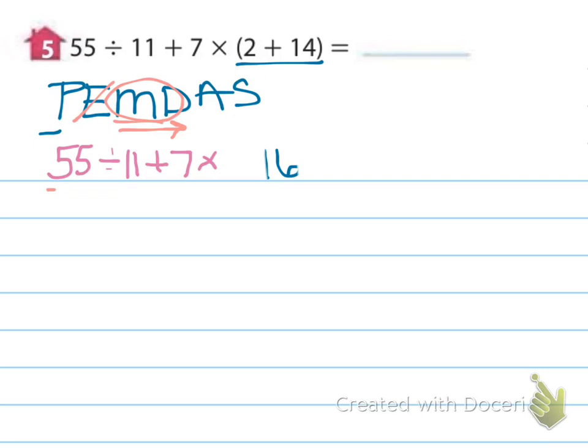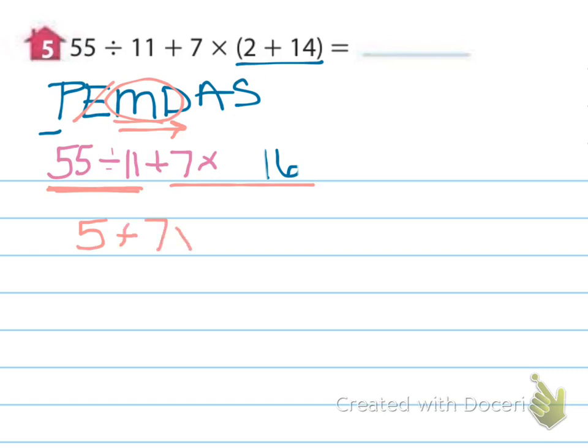So in this case, I have 55 divided by 11, and I also have 7 times 16. So a division and a multiplication problem. I'm going to start from left to right. I'm going to start with my 55 divided by 11, and then drop everything else down.